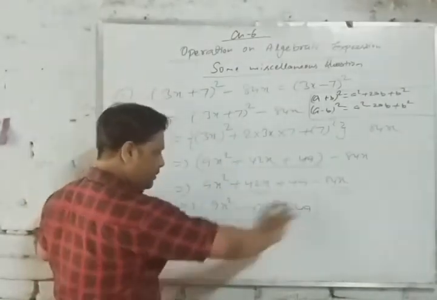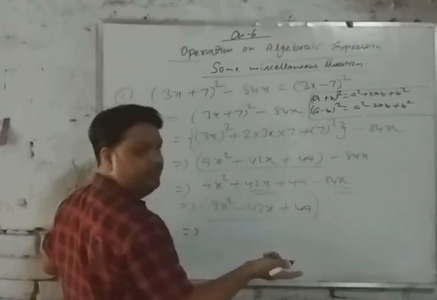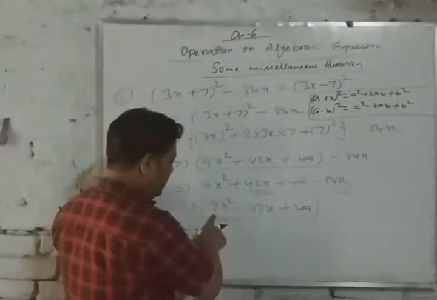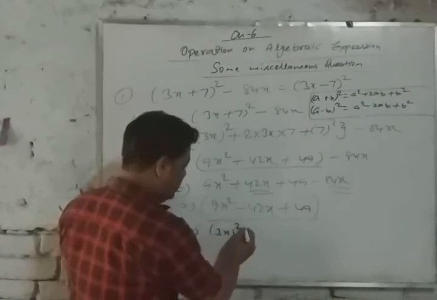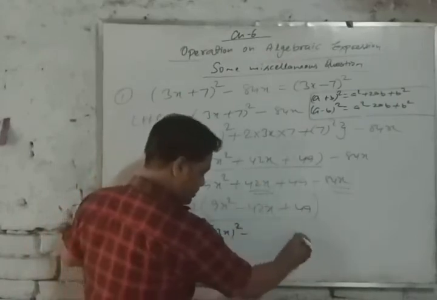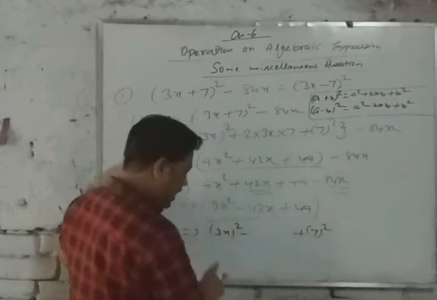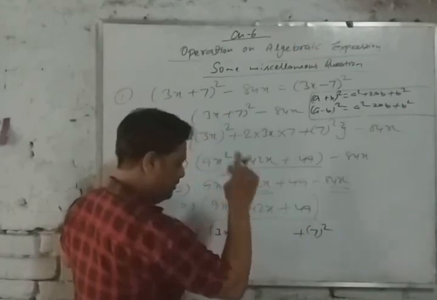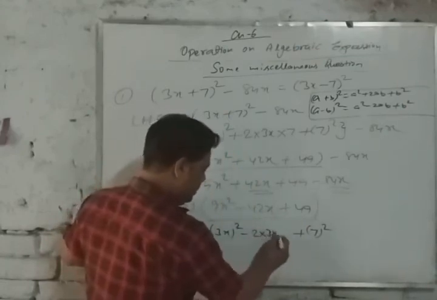Okay. At first break it like this. 9 is the square of 3, so we can write it as (3x)^2 minus, leave the middle term, last term 7^2. Here a is 3x and b is 7. So in between it is 2ab, 2 into 3x into 7.